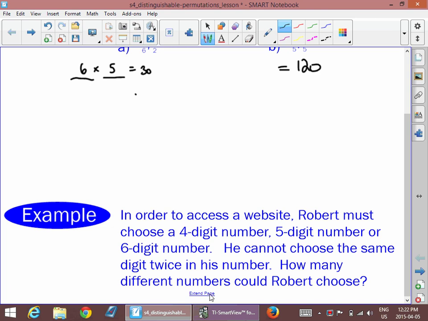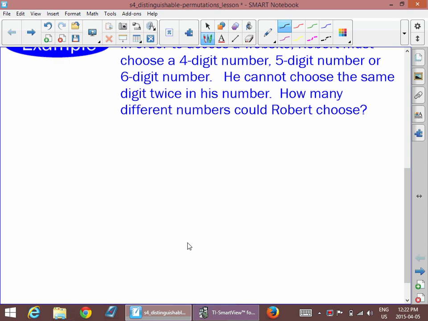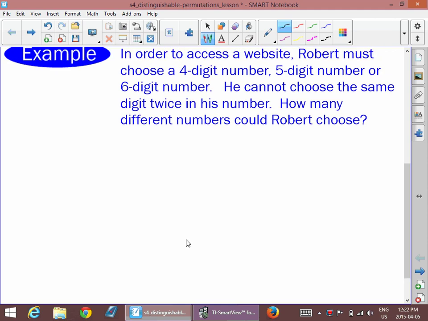Now let's take a look at an example. In order to access a website, Robert must choose a 4-digit number, a 5-digit number, or a 6-digit number. He cannot choose the same digit twice in his number. How many different numbers can Robert choose? So we'll take a look at all the different options. We've got a 4-digit number, a 5-digit number, and a 6-digit number.